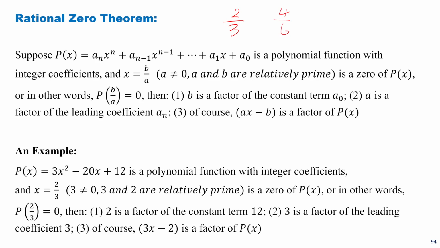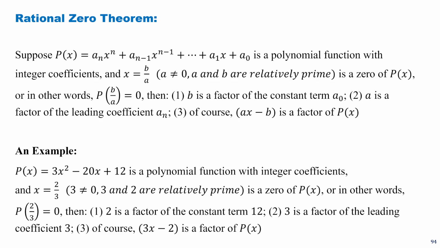Okay, and in that way, we have the following conclusions. If p(b over a) equals 0, then first, b must be a factor of the constant term a0. Second, a is a factor of the leading coefficient an.